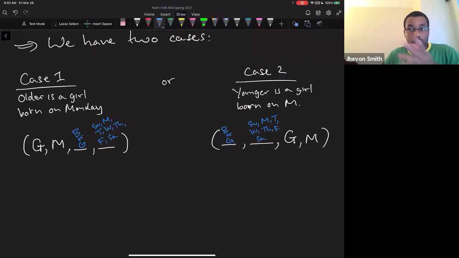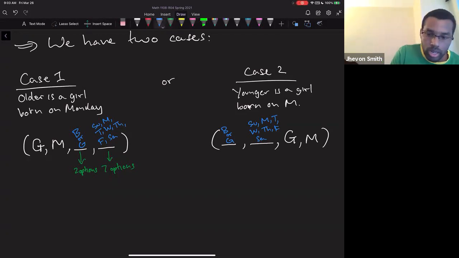Now, this is something I'm going to talk about pretty soon, but at the moment, you can just take my word for it. So what you notice here, there are 7 options, and here, there are 2 options. It turns out that we have something called the multiplication rule that tells us if we are constructing an experiment where we have a certain number of options in each case that we can pick, then the total number of options is the multiplication of the number of options of each stage.